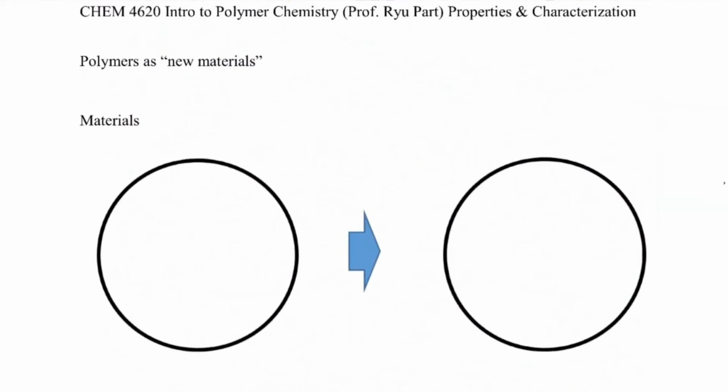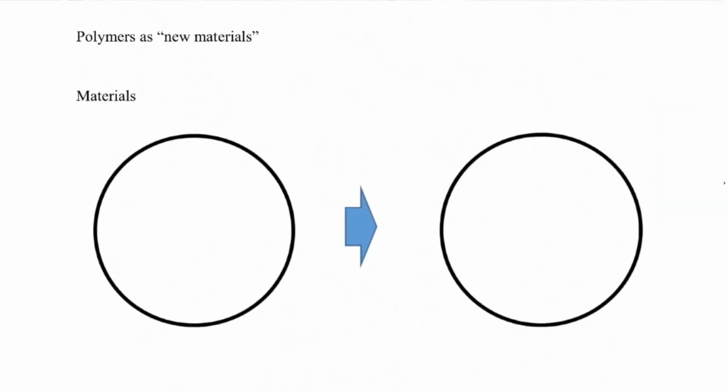So I want to talk to you about polymers as a new material. And here is a diagram of what people used to think of as materials. Historically there are two materials: one is metal, the other is ceramics.